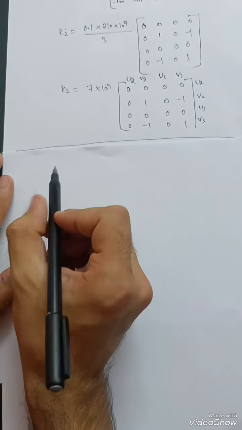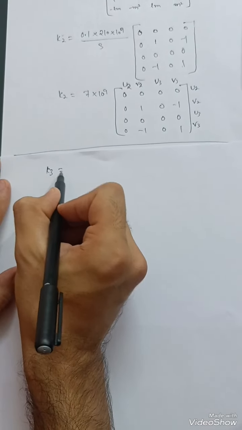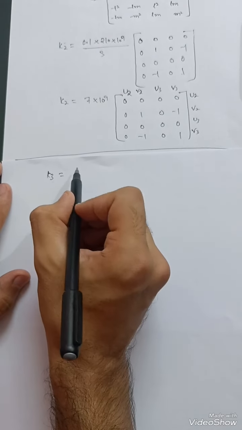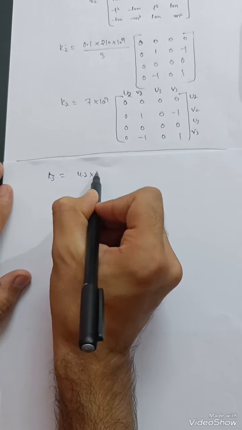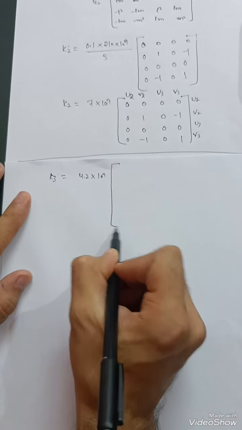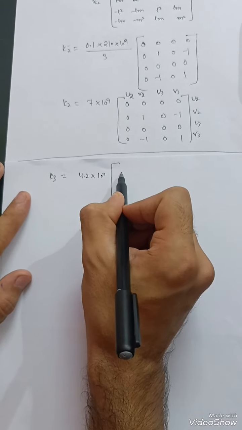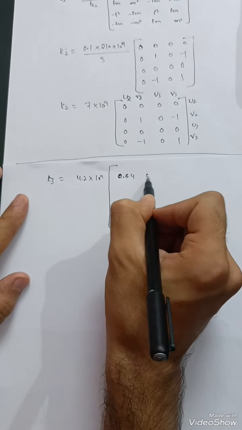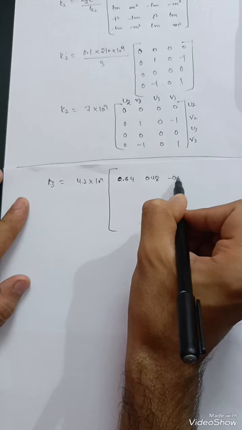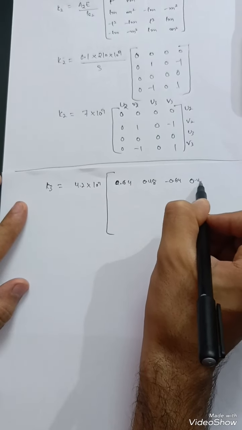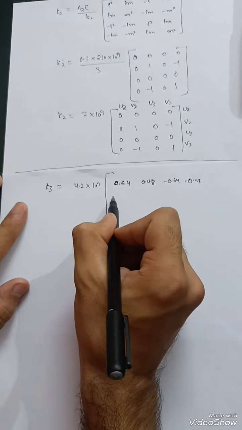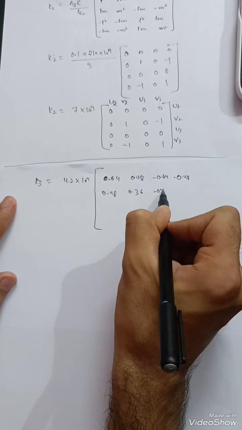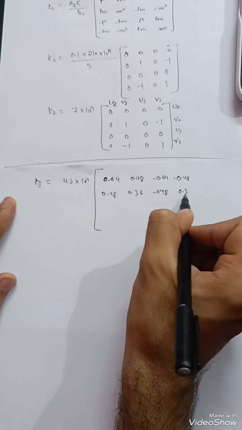And for the third element, the stiffness matrix is K3 is equal to, I will write values directly over here, that is 4.2 into 10 power 9. Then the matrix will be 0.64, 0.48, minus 0.64, minus 0.48, then 0.48, 0.36, minus 0.48, minus 0.36.